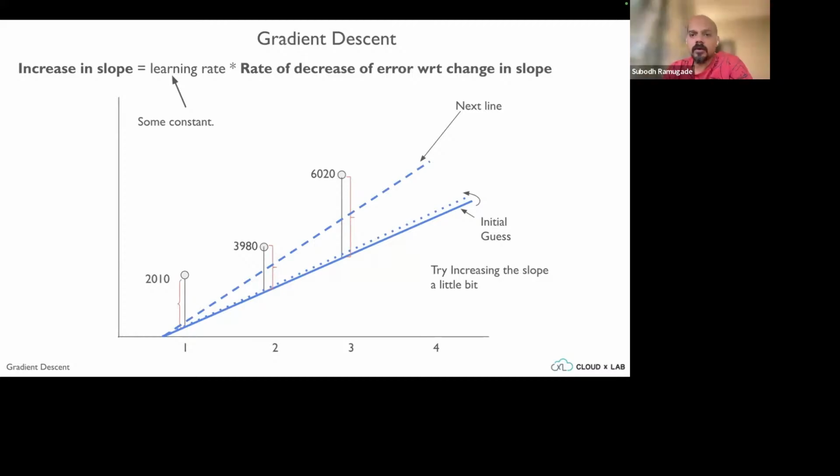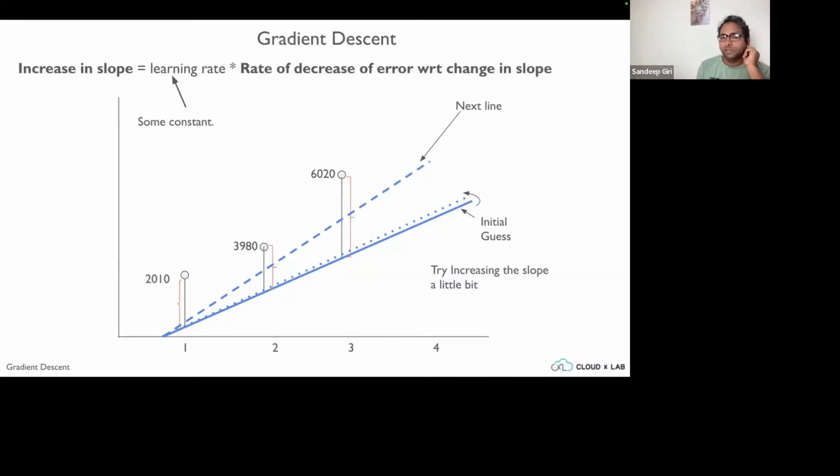Got it. Now, on the best fitting line, sorry, my earlier question, right? There can be a negative rate of decrease of error, right? And that will give you a negative slope, a negative increase in slope, which is a decrease in slope.